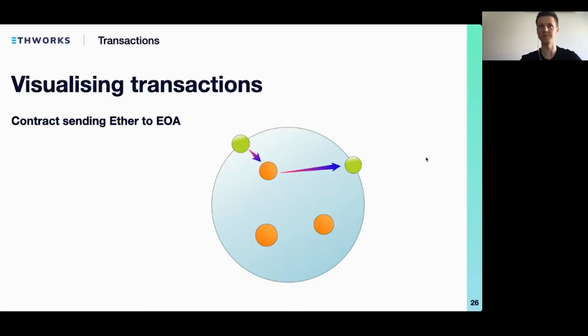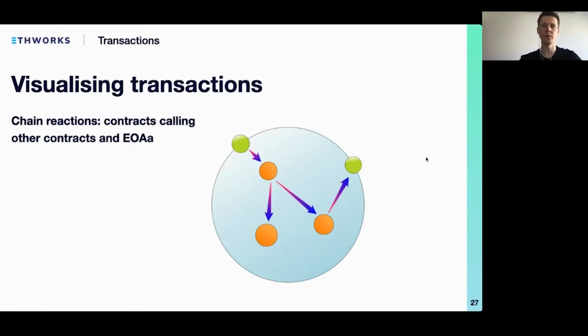You can have logic that is more complex than that, and I guess we can have a smart contract that creates a chain reaction. It calls a couple of different smart contracts which can in turn send Ether to externally owned accounts, and so on.